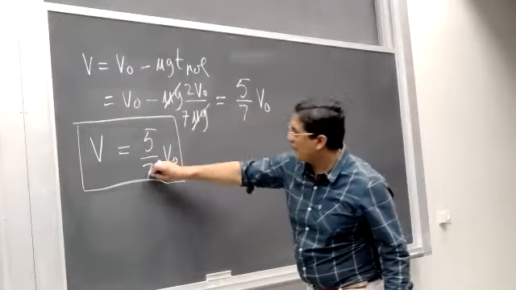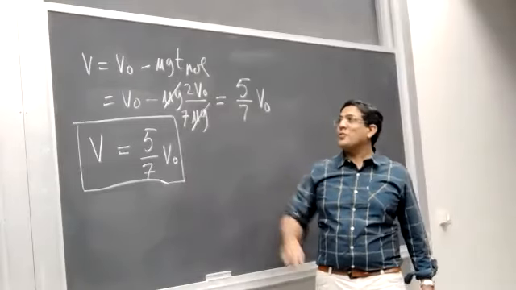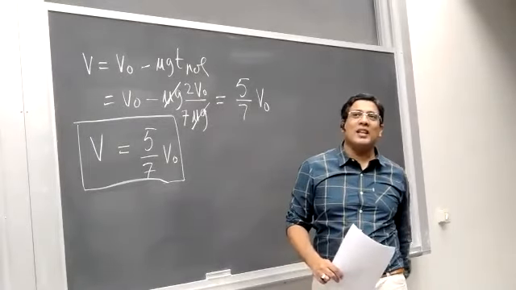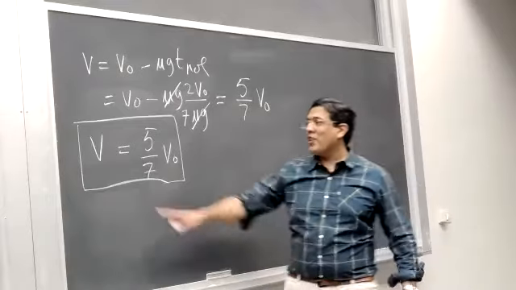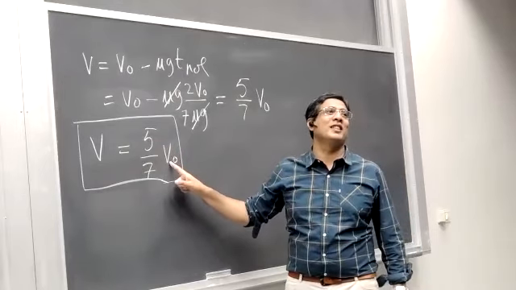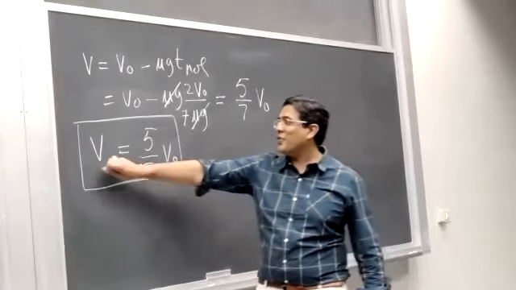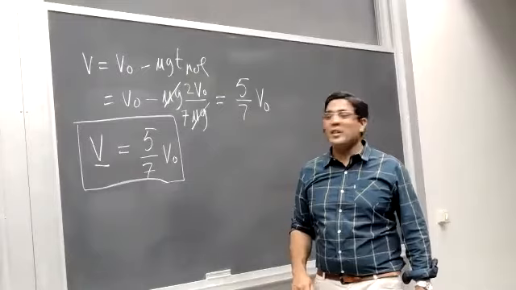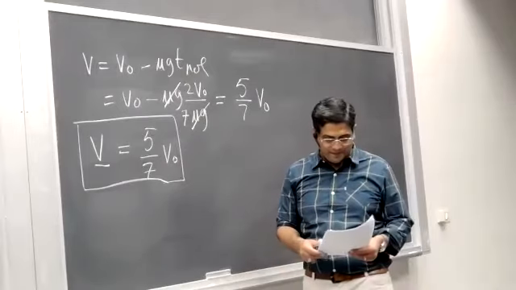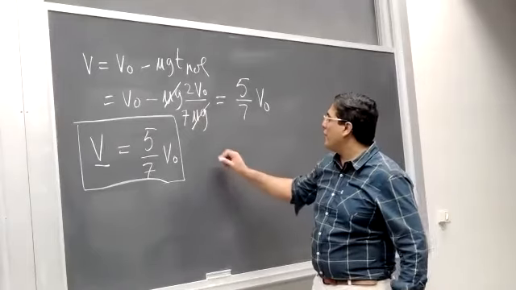So this is 5/7, and this is quite interesting. It does not matter how heavy the ball is or the amount of friction between the ball and the track. Whenever the velocity of the ball reaches 5/7 of v naught, the initial velocity, it would stop skidding and start rolling. Interestingly, this value does not depend on mass, and does not depend on mu.